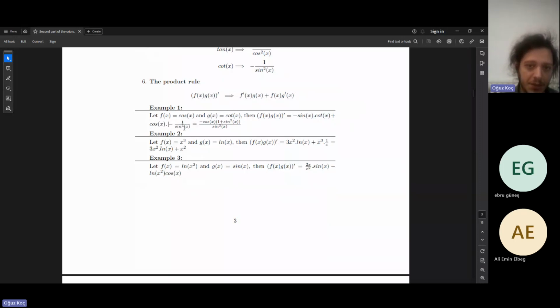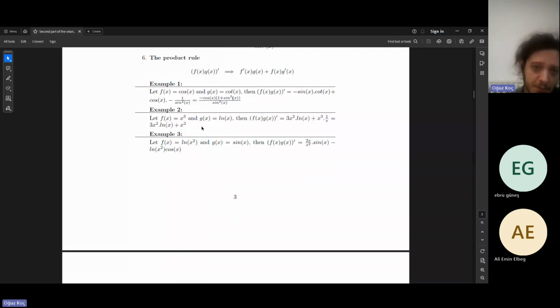We already mentioned that. It was minus 1 over the second power of sin x. And when we take the main coefficient here, it is equal to this ratio here.